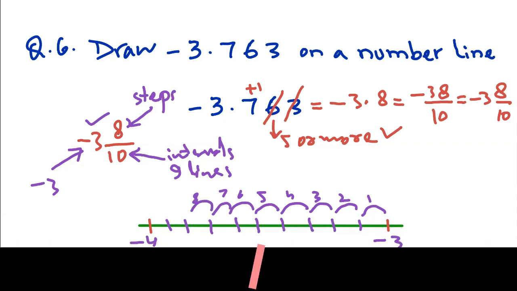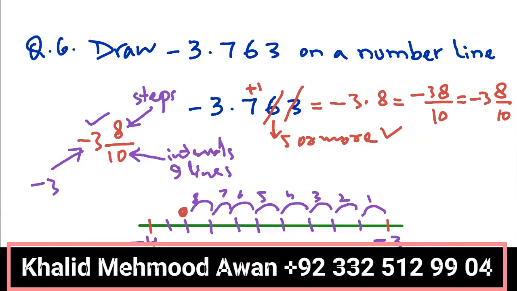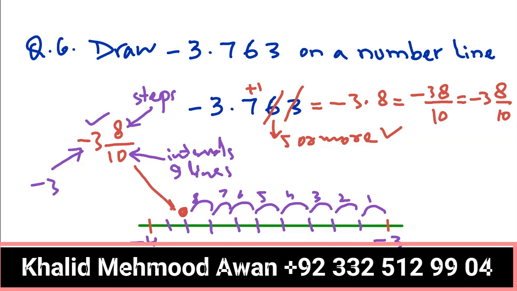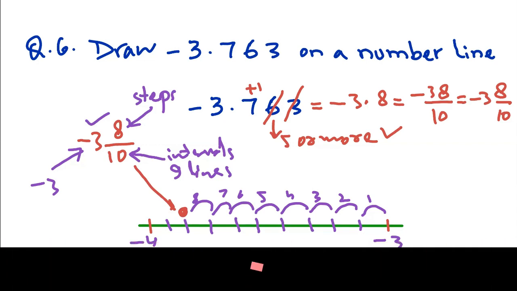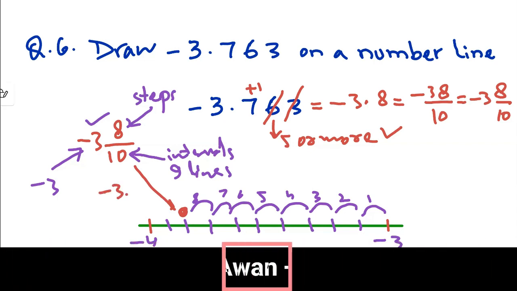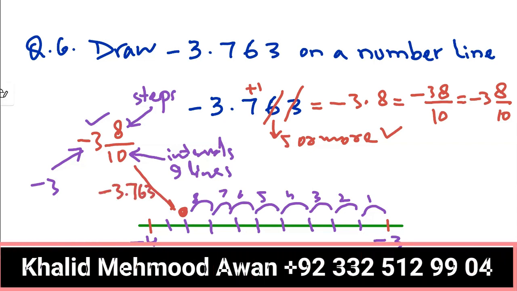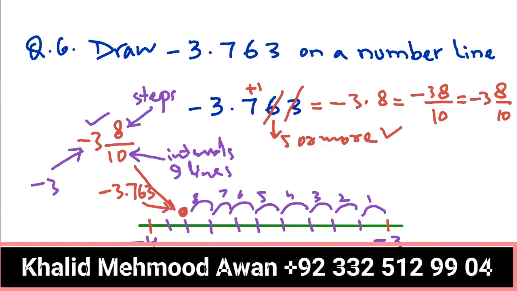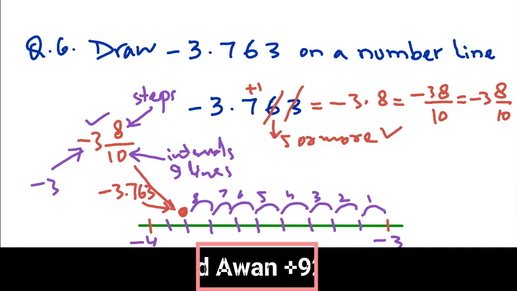So that is the position which is describing negative 3 whole 8 by 10, or we can say negative 3.8, which, rounded off to the tenths place, represents negative 3.763. So this is the position which is describing negative 3.763.